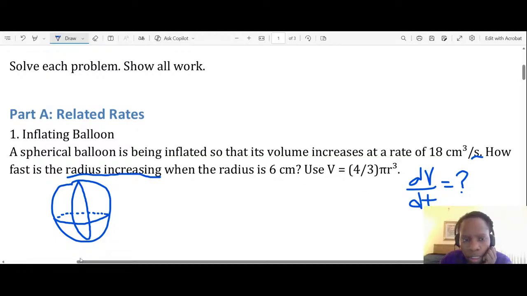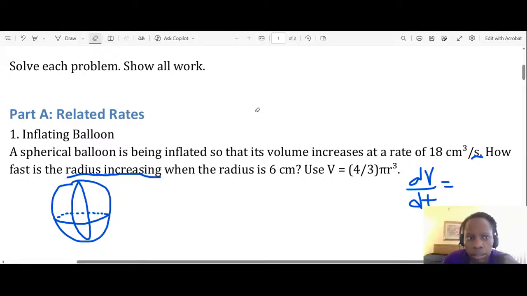We want to know dr/dt because we kind of know the dV/dt. So let me erase that question mark. We know dV/dt and we want to find how fast the radius is increasing, so we need dr/dt. So that's one step in the right direction: identifying our known and unknown quantities, and then labeling them with the proper notation.